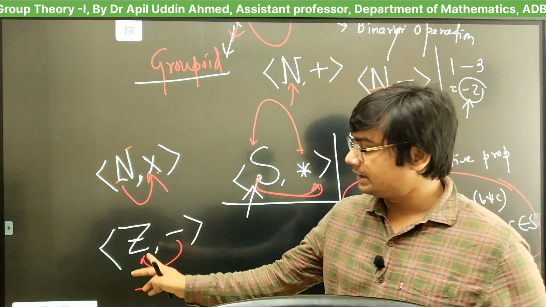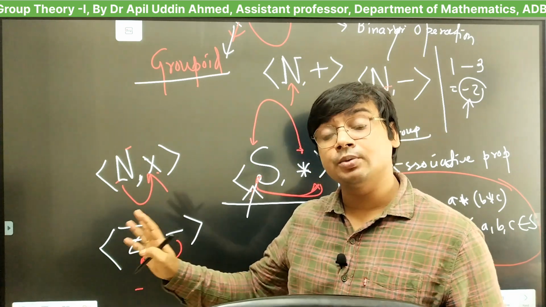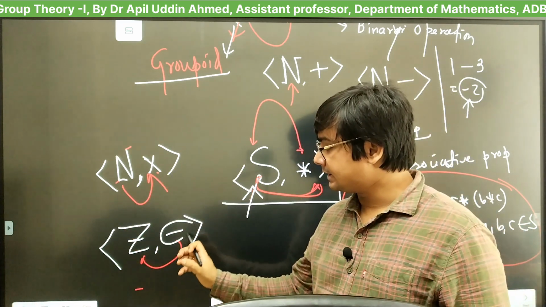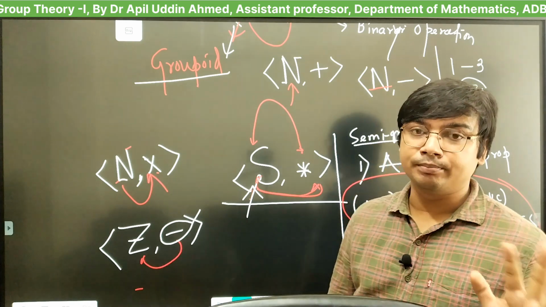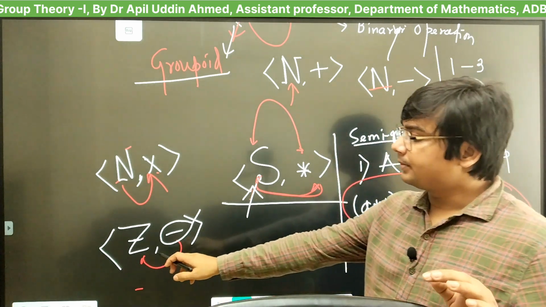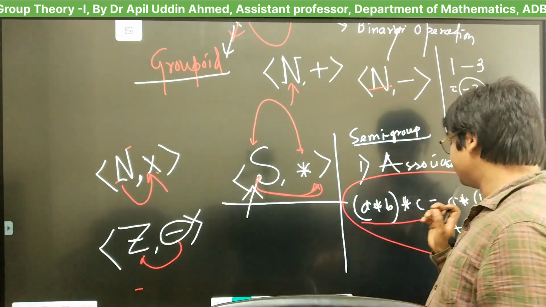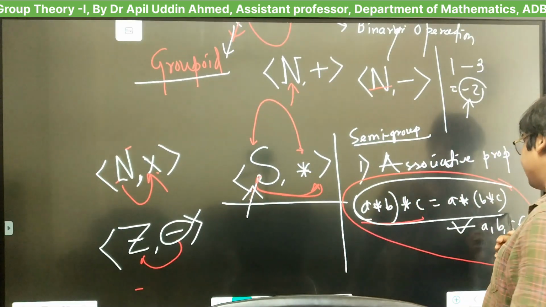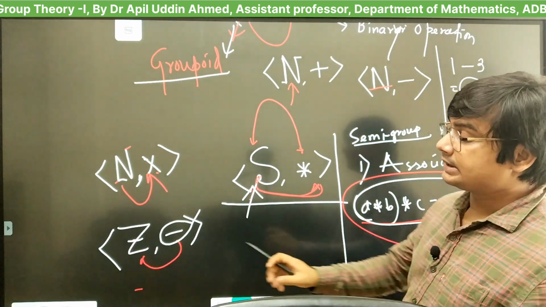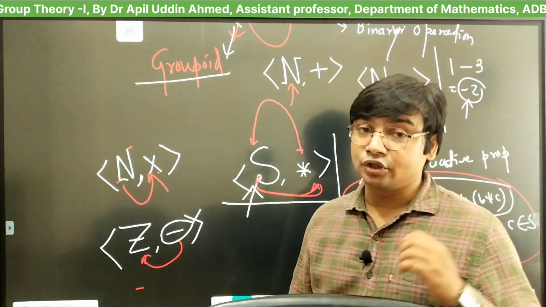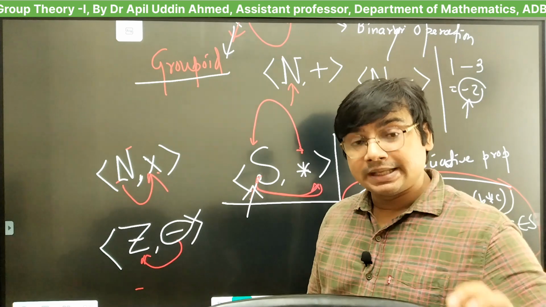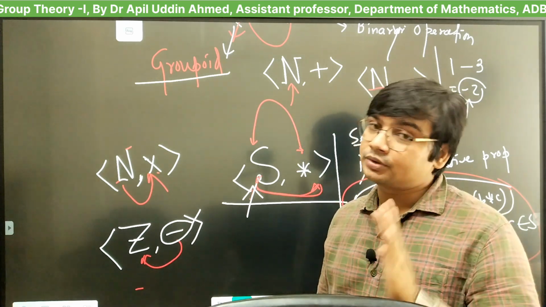That means the set of integers is closed, and minus is a binary operation. But here you see the set of integers does not satisfy the associative property. We can easily verify this. That means we can say the set of integers is not a semigroup with respect to subtraction.